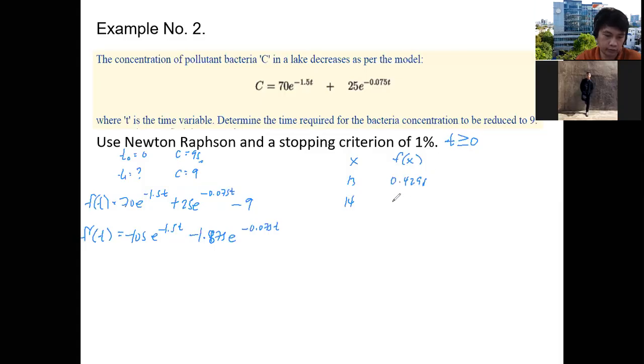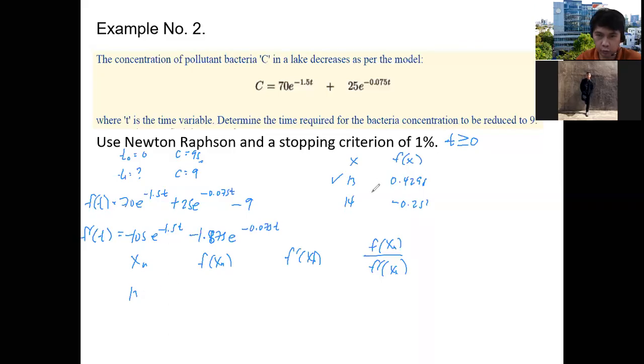So 14 naman is negative 0.251. Okay. Now if you try to select this 13 as the initial guess, so f of x, f prime of x, then f of x over f prime of x.